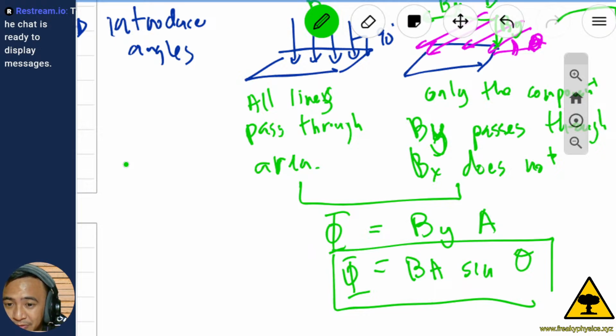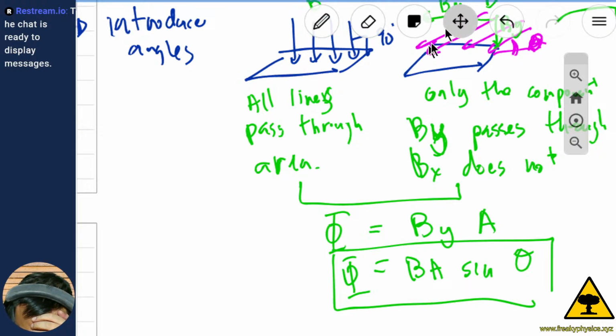There are two ways to multiply vectors, but either way, you consider only the parallel components or only the perpendicular components. In this case, we consider only the parallel components. The perpendicular component has no effect, so we ignore it. So we only go to this formula. That's why we have the sine theta in this case.